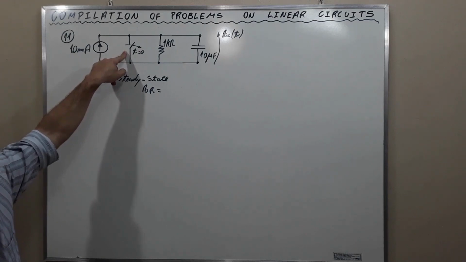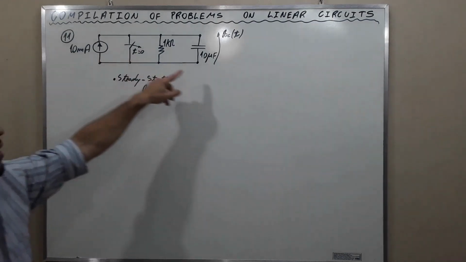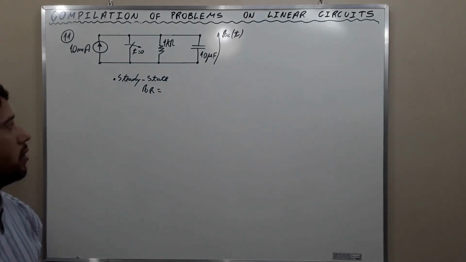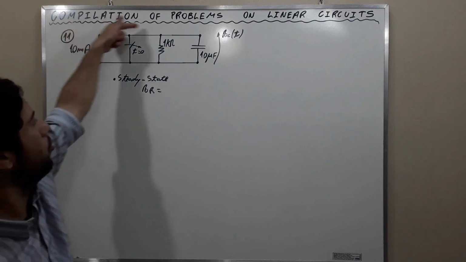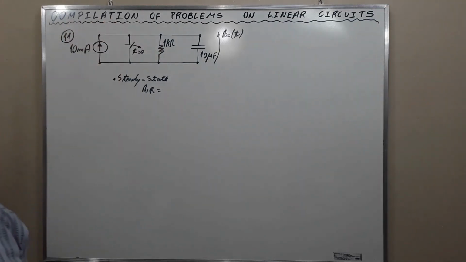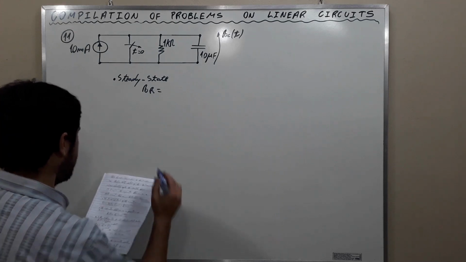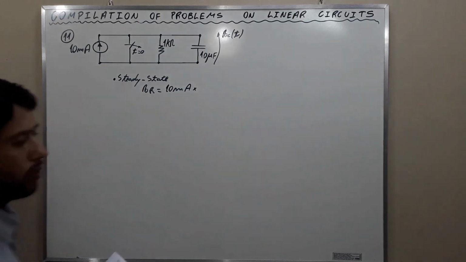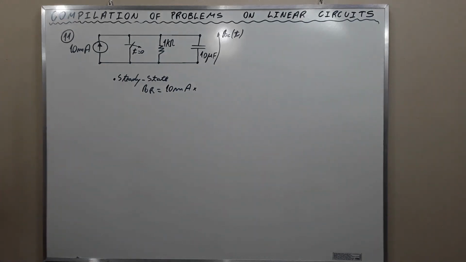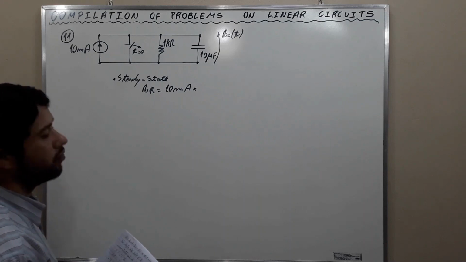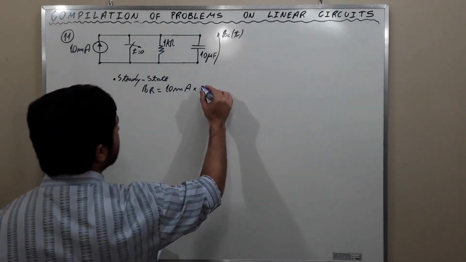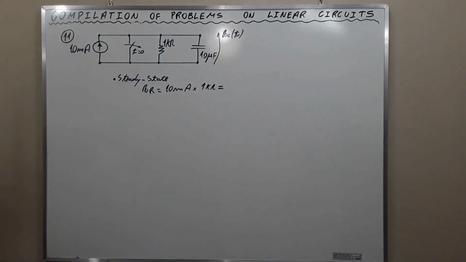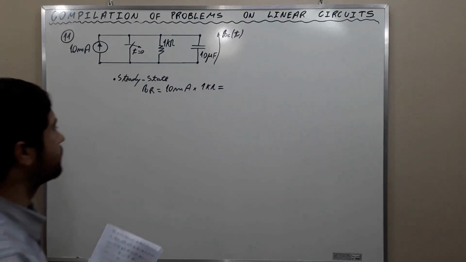We have opened it here, and the capacitor is behaving as an open circuit. The only way will be to pass through the resistor. So it is 10 milliamps times the resistance of the resistor, and this is equal to 10 volts.